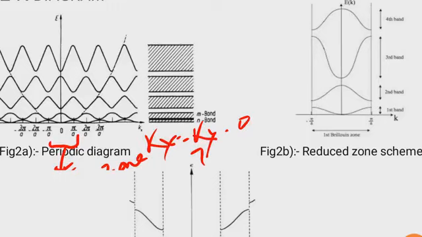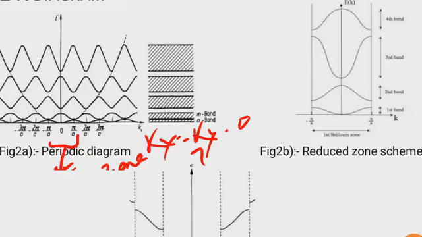Now, what is basically happening? The motion of electrons in a crystal is governed by the laws of quantum mechanics. If you have one electron and one proton, as in the hydrogen atom, it is very easy to solve by the Schrödinger wave equation.